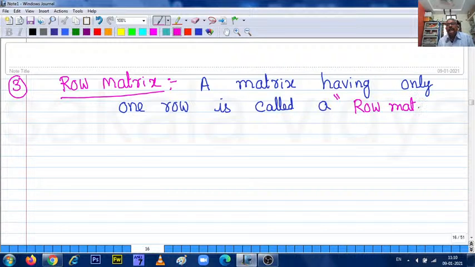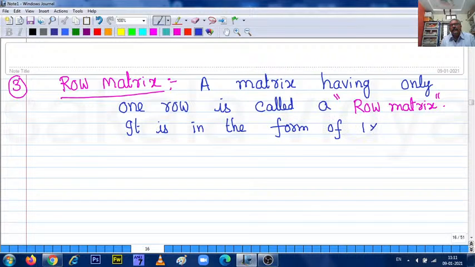Good morning, Sai Krishna. Okay. It is in the form of 1 by n, 1 by n type or order.